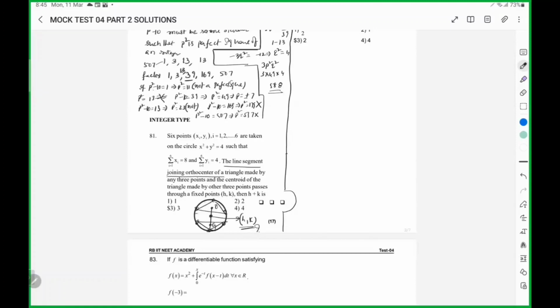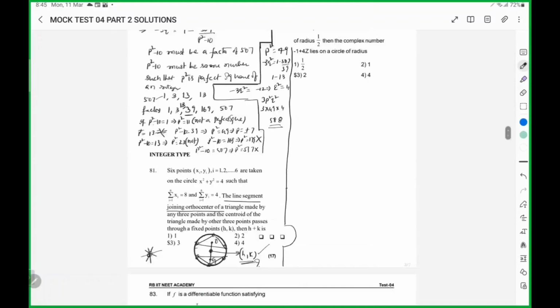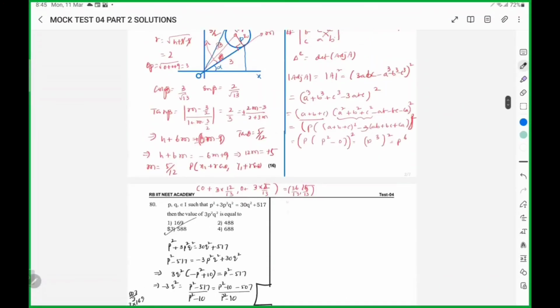Because as you change its vertices, different orthocenter, different centroids, you have a family of lines. All the lines pass through a fixed point. What is that fixed point? That is the question.